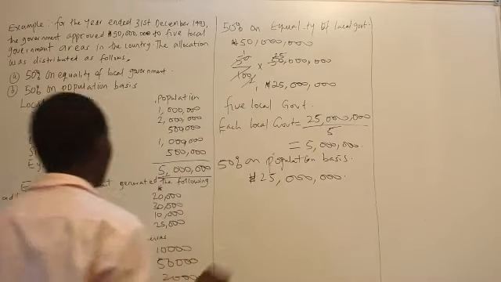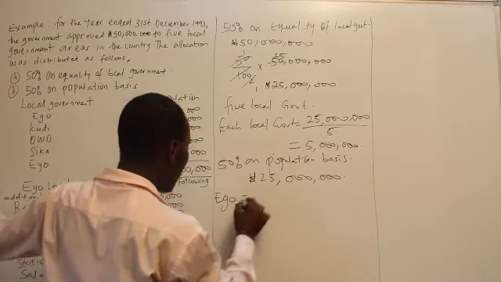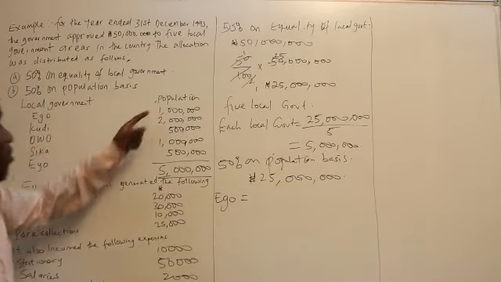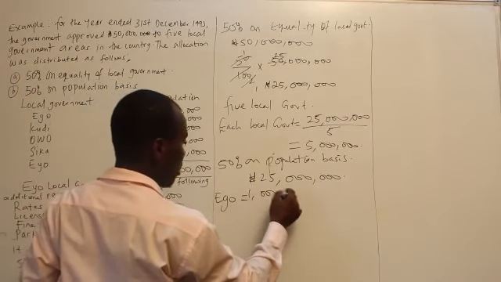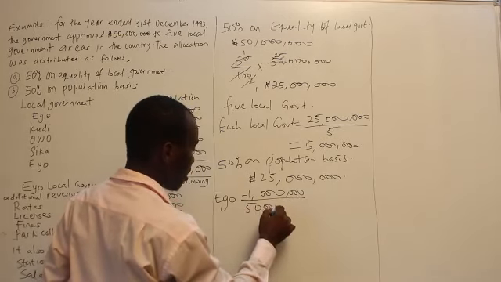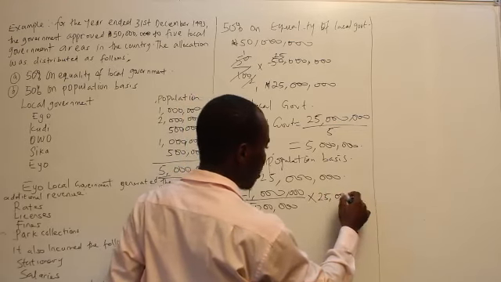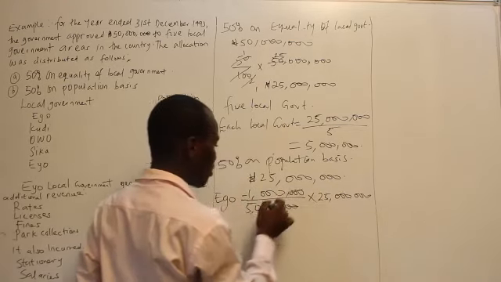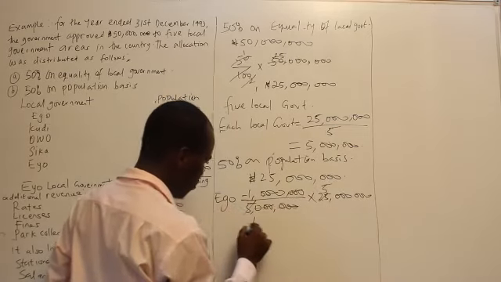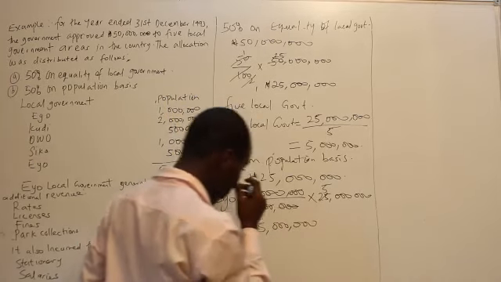The amount to be received by every local government will be the number of people in each local government, in millions, over the total population, times 25 million naira. So we cancel the zeros, 5 into 1, 5 into 5. So every local government is going to receive 5 million naira on population basis.